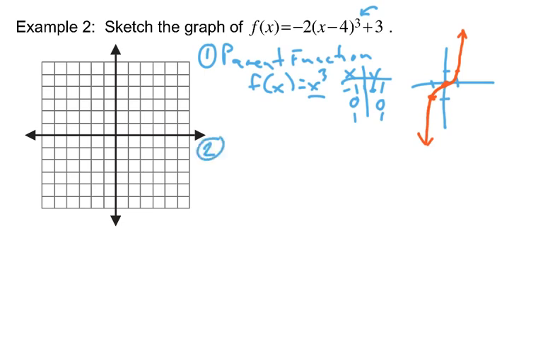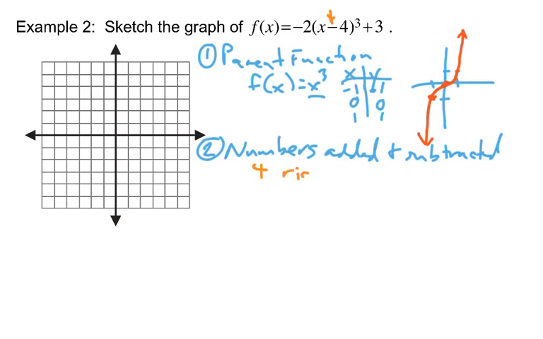So we look first into the function to see the numbers added and subtracted, because they will tell me how the graph is translated or slid. And the best thing to do is to move the origin based on what you see there. So when I look at this x minus 4 inside the function, that's telling me there's a horizontal shift, and because it's a negative and it kind of goes opposite, we are going to shift 4 to the right.